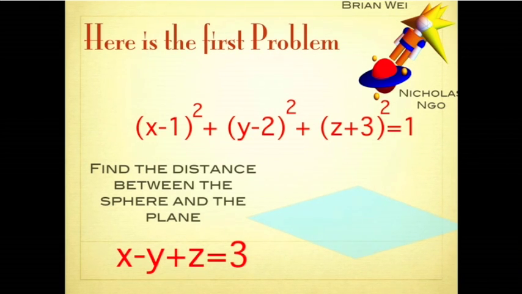If you have a fierce grader, you have only 5 points. So 7 over square root 3, what was the radius? 1. So that's the thing, subtract the radius. Good. So that's the first problem.